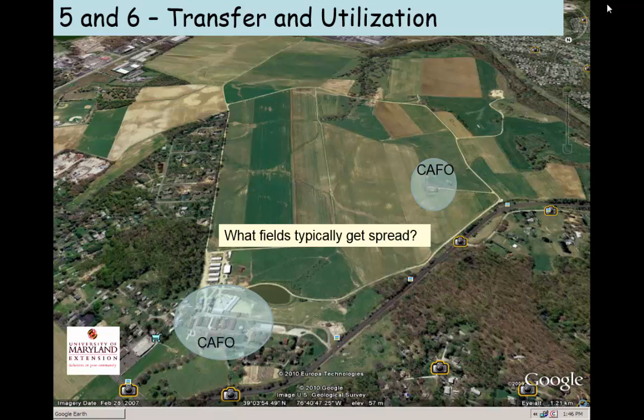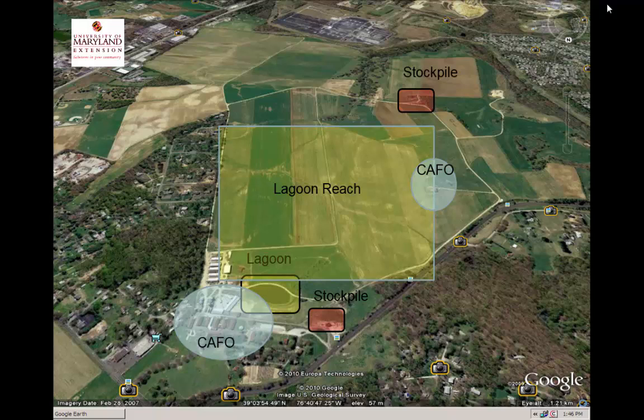It was most likely to be spread closest to the farm. Now, with nutrient management, you have to make sure you apply it correctly, but still there's transport costs. So the farmer might only be able to transport it so far with his equipment, with as hard as it is to get around traffic, depending on where you live, and especially if you even want to transport it out of the region. Those are all things to consider in transport.